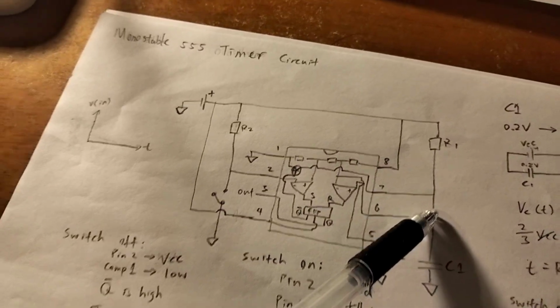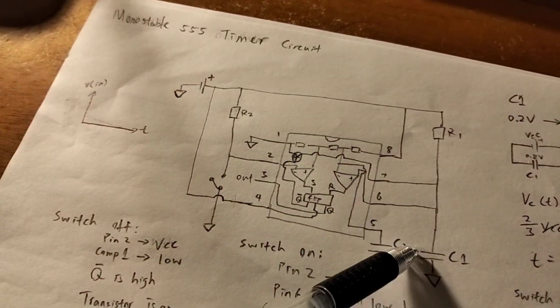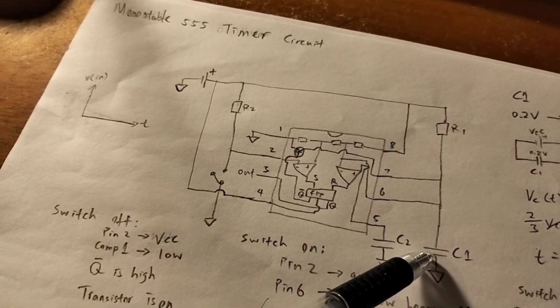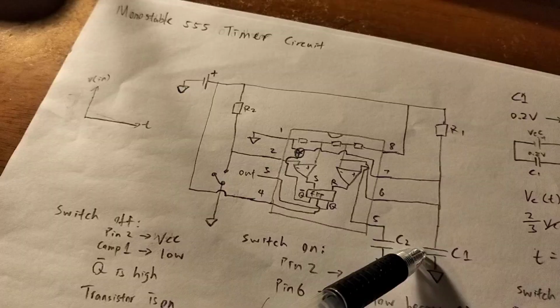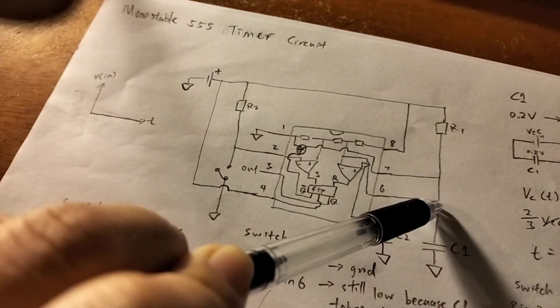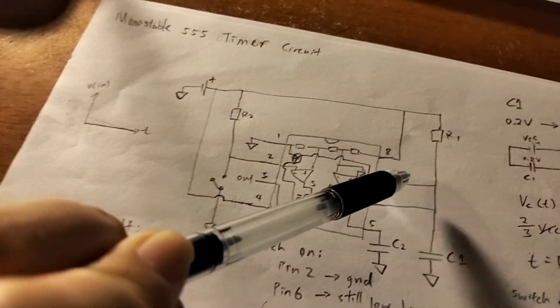And you might be asking, why is that? Because the capacitor, assuming it's steady state when the switch is open, is basically like an open circuit, right? So this should be at VCC because there's nowhere for this current to run. But actually there is. There's this pin 7.